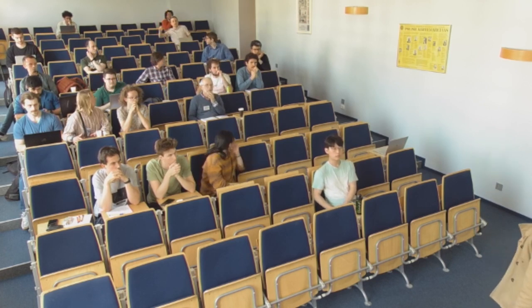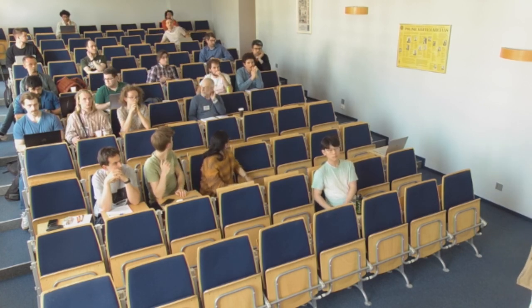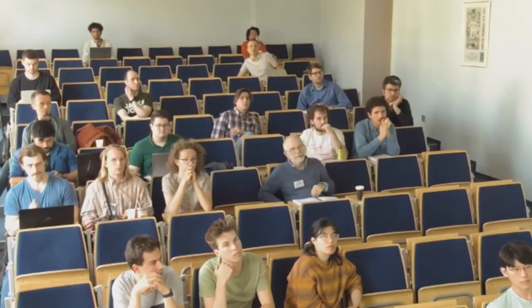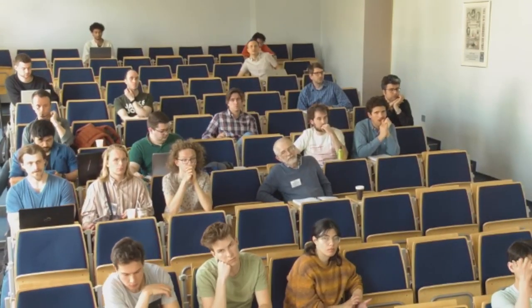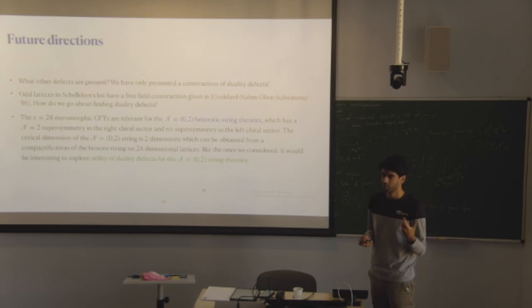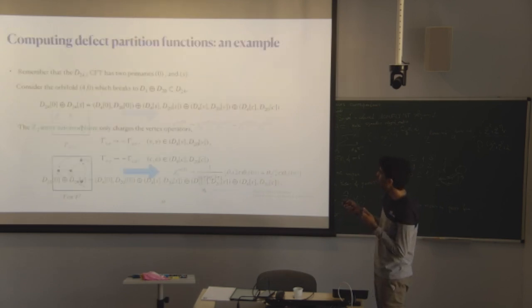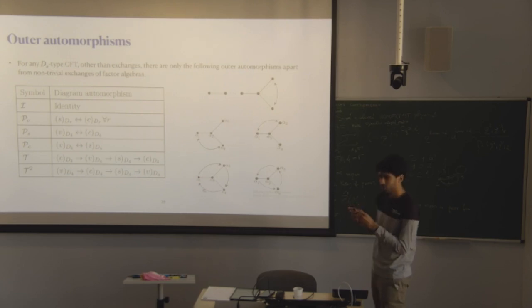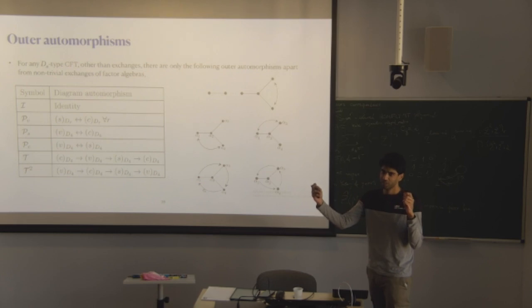Did you explain why you focus on this D series only? Okay. So in Schellekens' list, there are a lot of CFTs with different current algebras. The D ones are very interesting because you have a lot of outer automorphisms to play around with. A-type Dynkin diagram is just one single line, so there's only one Z2 symmetry, which is just you take the Dynkin diagram and reflect it.